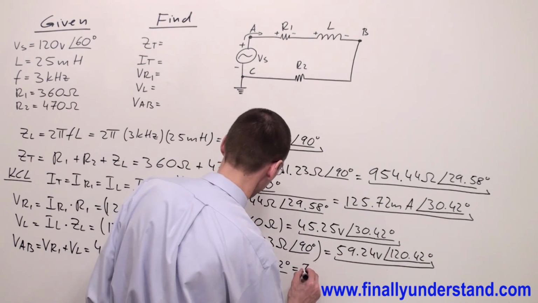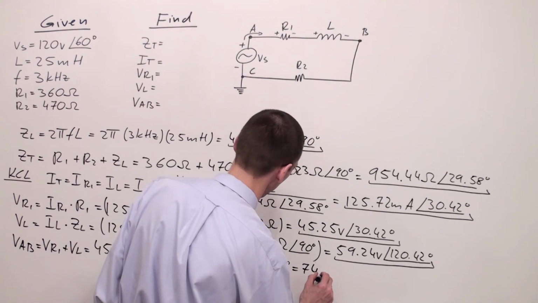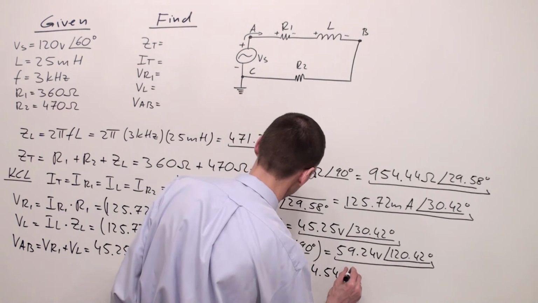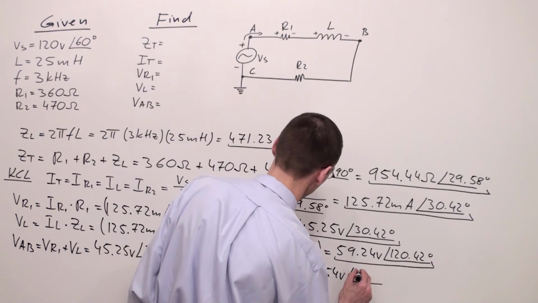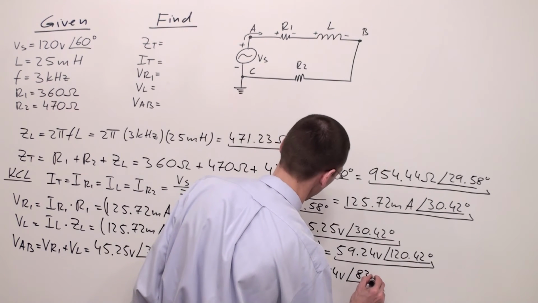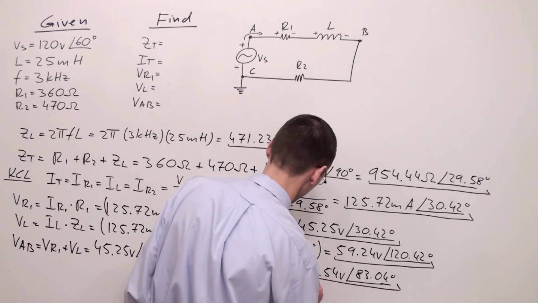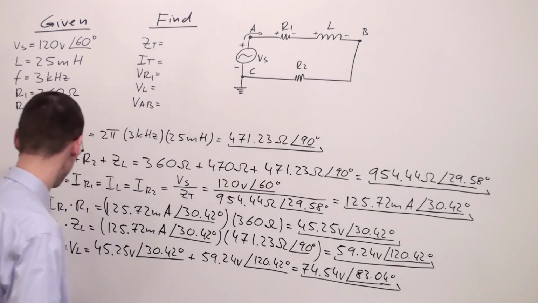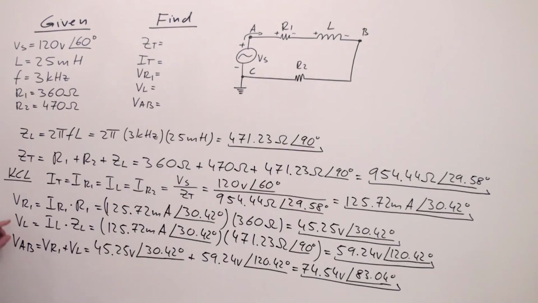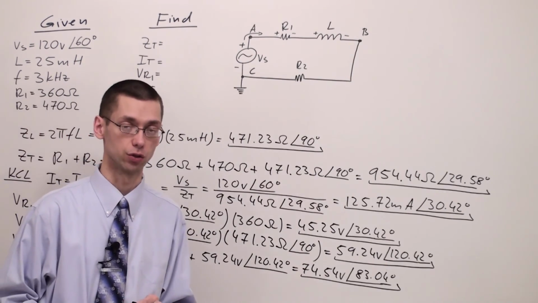This is equal to 74.54 volts and angle of 83.04 degrees. So we found voltage VAB, we found the voltages VR and VL, we found the total current, and we found Z total. So we can say that the problem is solved.